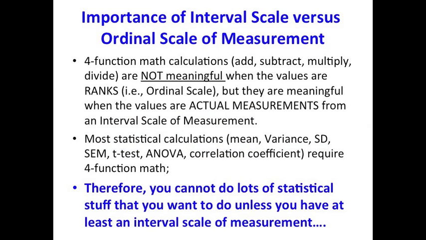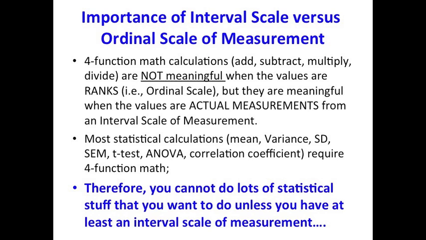Again, just to reinforce, these four-function math calculations, addition, subtraction, multiplication, and division, are not meaningful when the values are ranks. If the data comes from an ordinal scale, you can do it. I can calculate from your GPA, from your grades in the course, an average GPA for this course.